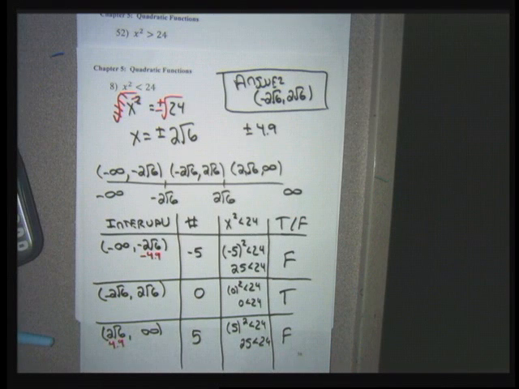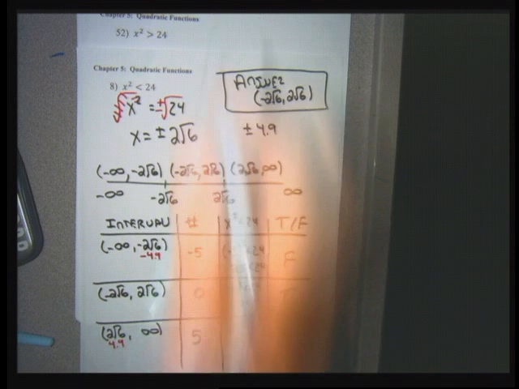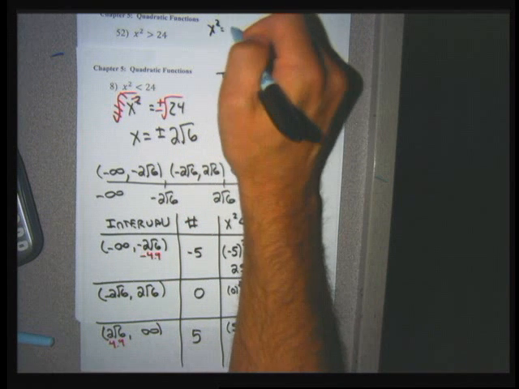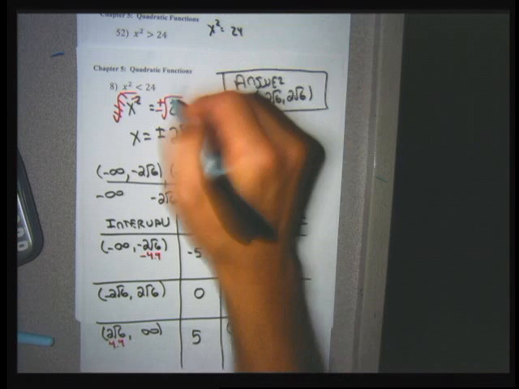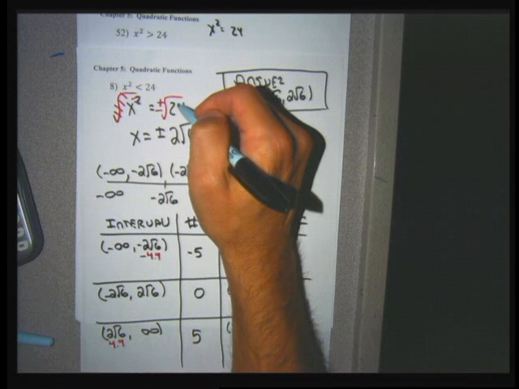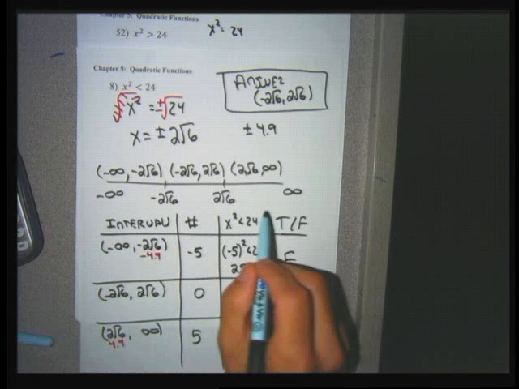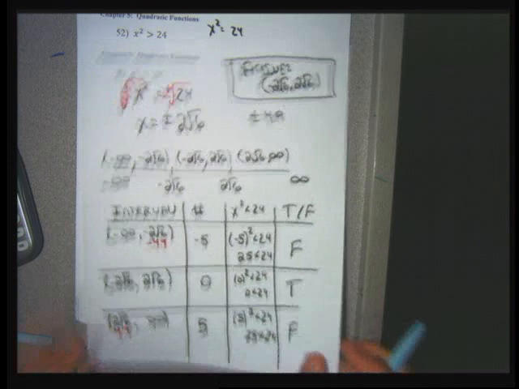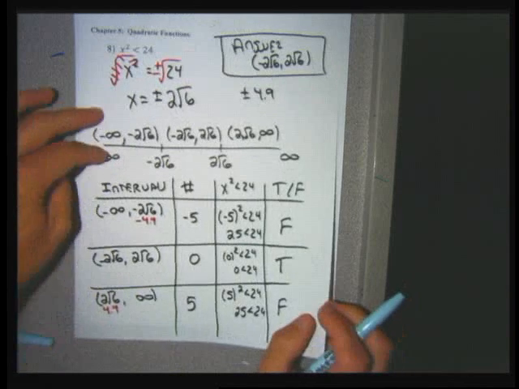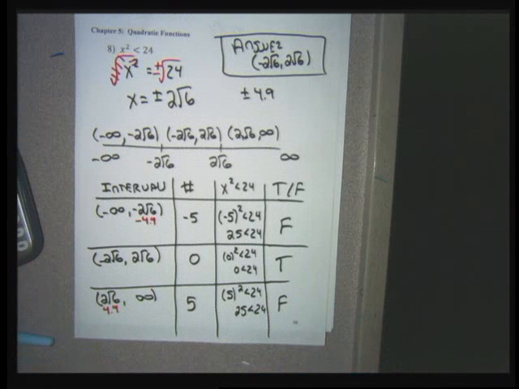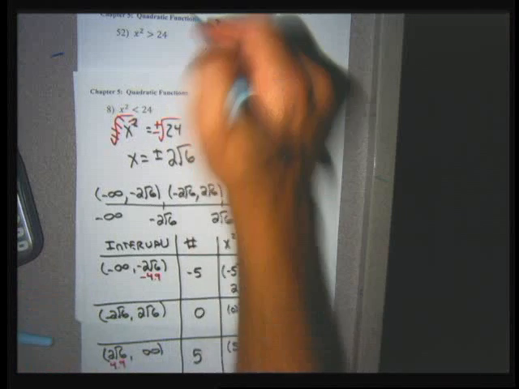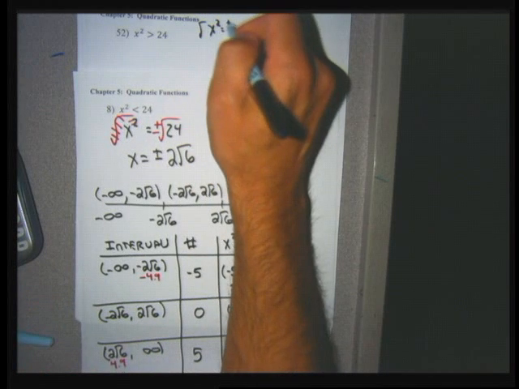So at a minimum for being efficient, I know my first step was to go x squared equal to 24, which I've already done. So I've solved this and I've created my number line. So up through here, I would go square root plus or minus square root.